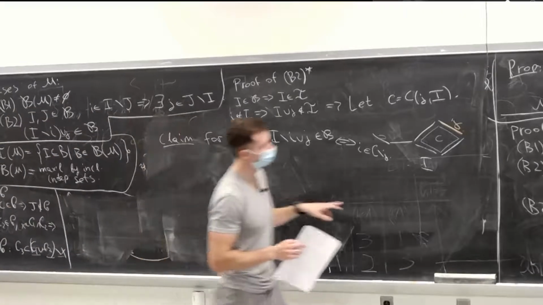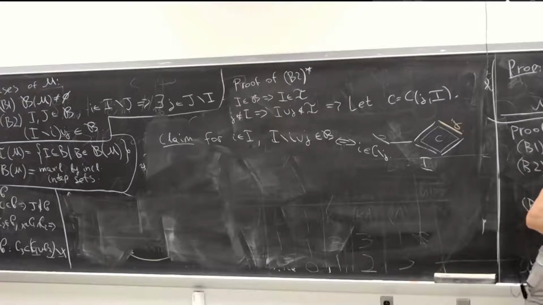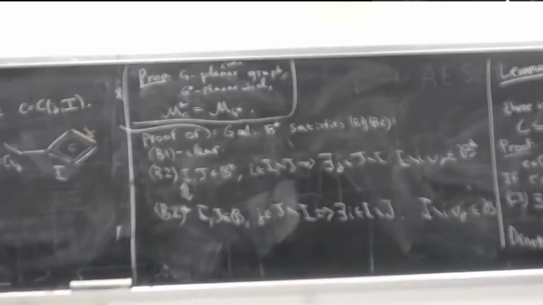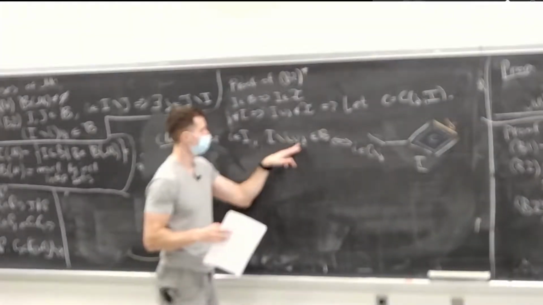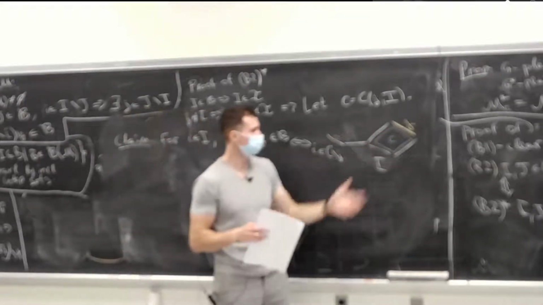Right, so to prove B2 star, I need to choose i which is both in capital I and not in capital J. But so far, my claim is which possible basis can I get out of capital I by removing something and adding j? And the answer is, I need to look at that circuit.